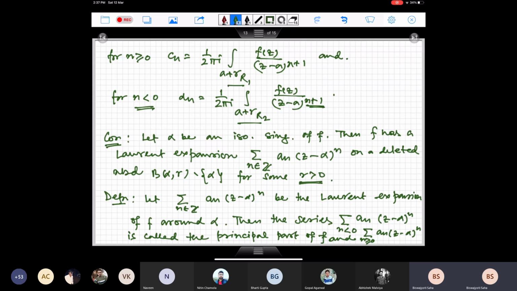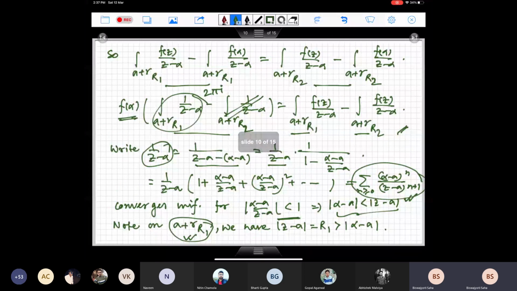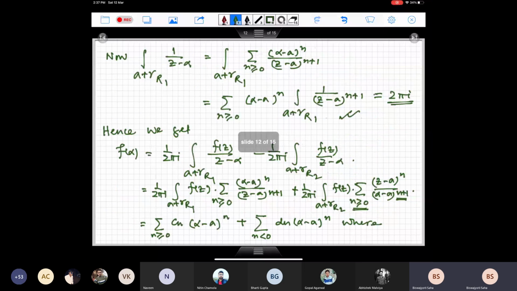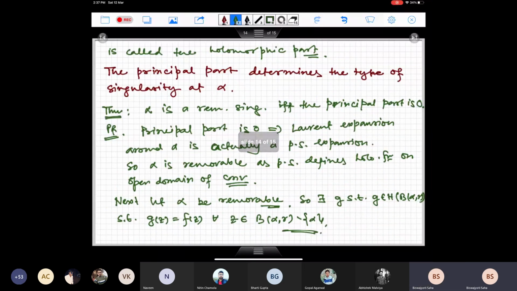Essentially the point was that the circles I am taking should be within the domain of holomorphy. So now that I have a punctured disk, I'm just taking both r1 and r2 to be the same. That's not going to make much of a difference.